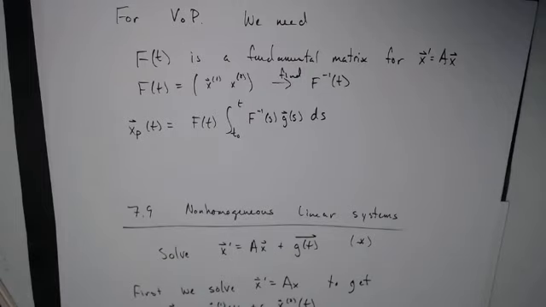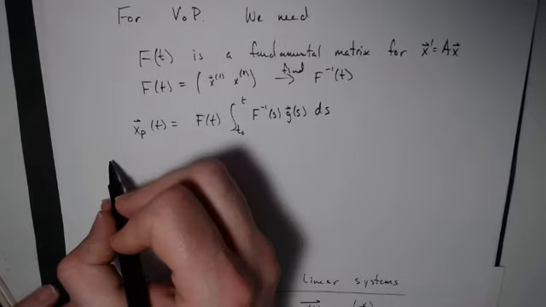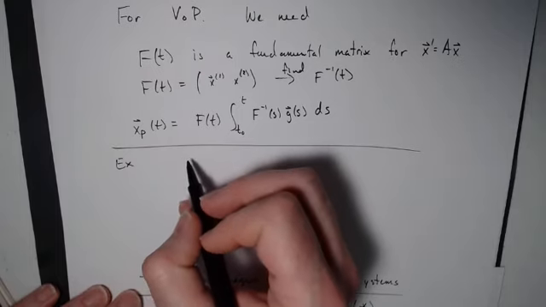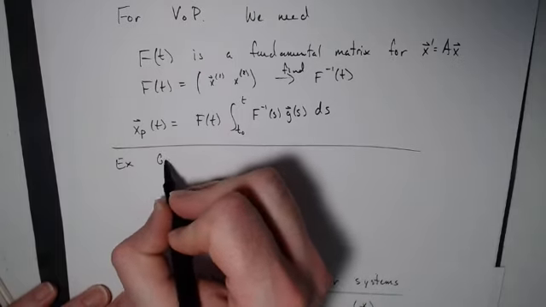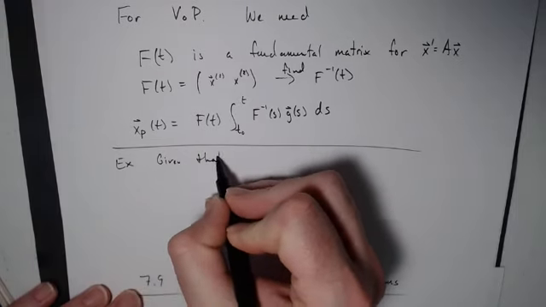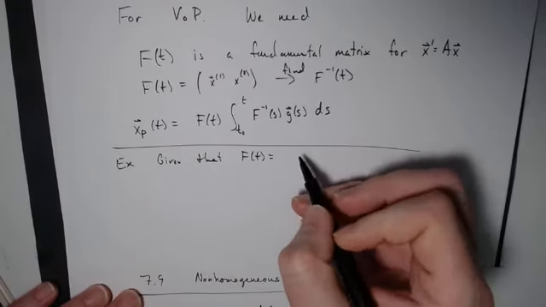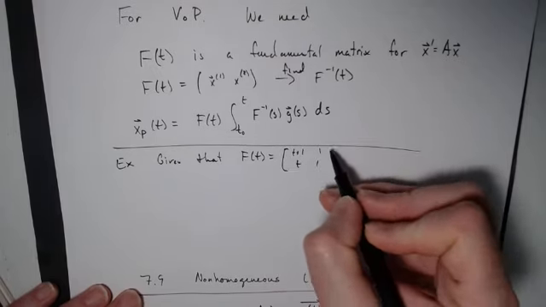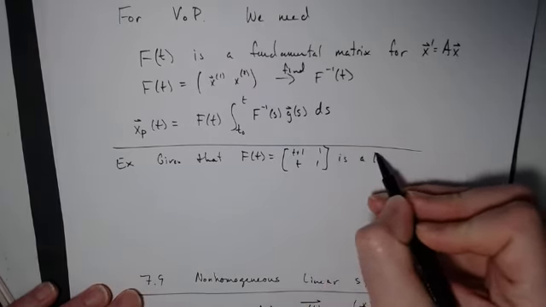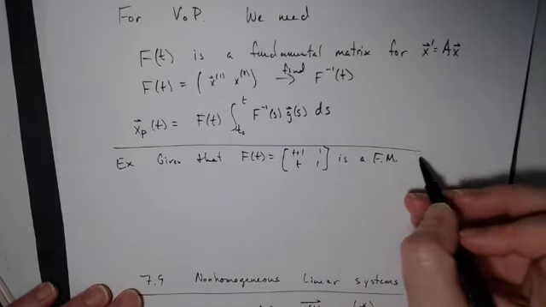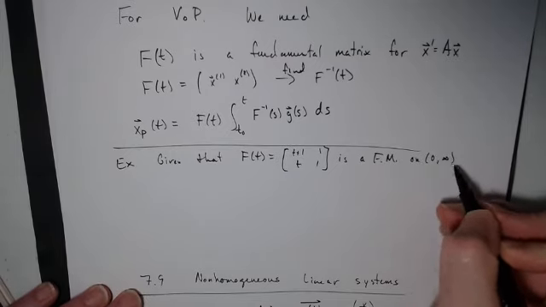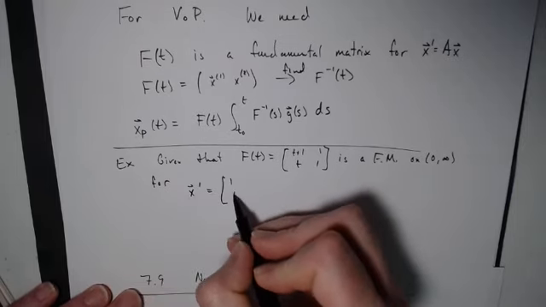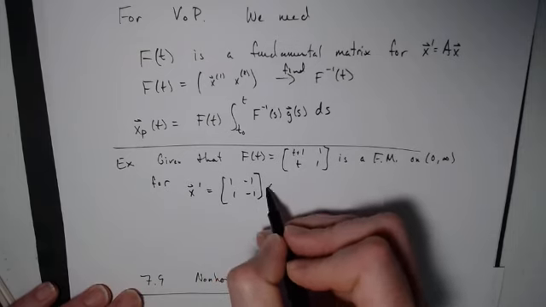So let's work an example. That's the method. Here's an example. Given that f of t equals t plus 1, 1, t, 1 is a fundamental matrix on 0 to infinity for x prime equals the matrix 1, 1, negative 1, negative 1 times x.